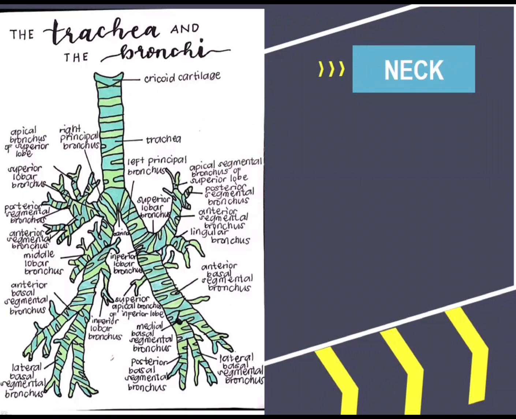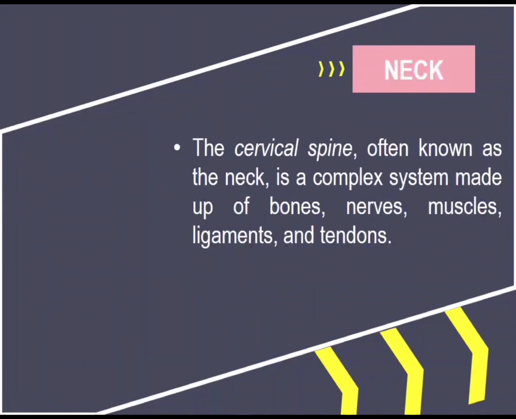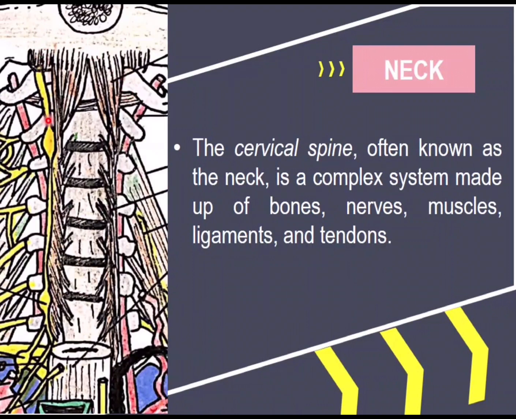So this is the cervical spine, often known as the neck. It's a complex system made up of nerves, muscles, ligaments, and tendons. The cervical spine is both fragile and strong, and flexible, allowing the neck to move in all directions. It houses the spinal cord, which delivers information from the brain to regulate all elements of the body.